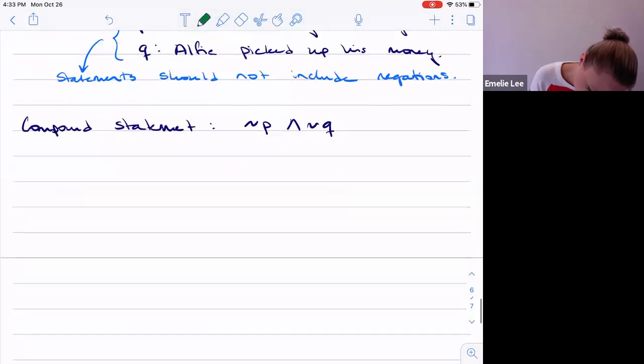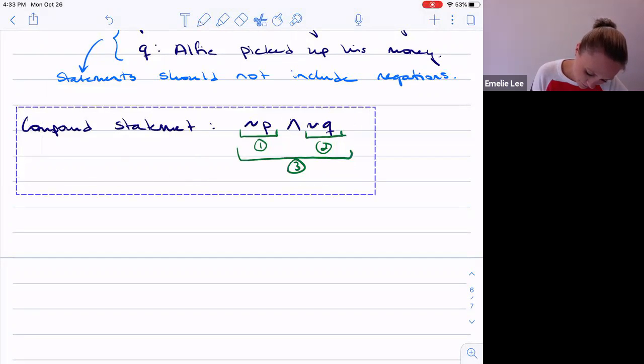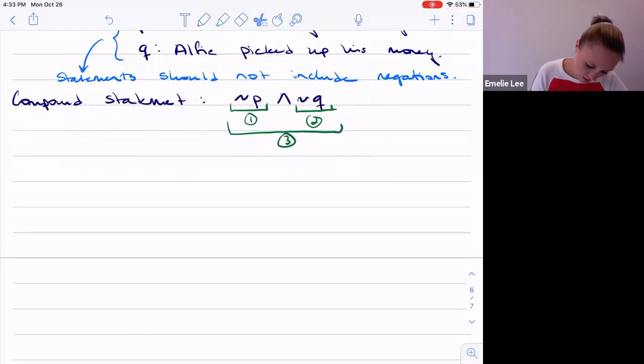So this is step one. Step two. And then finally, this is going to be step three. You can do something simple like this. You can do it all in one go.